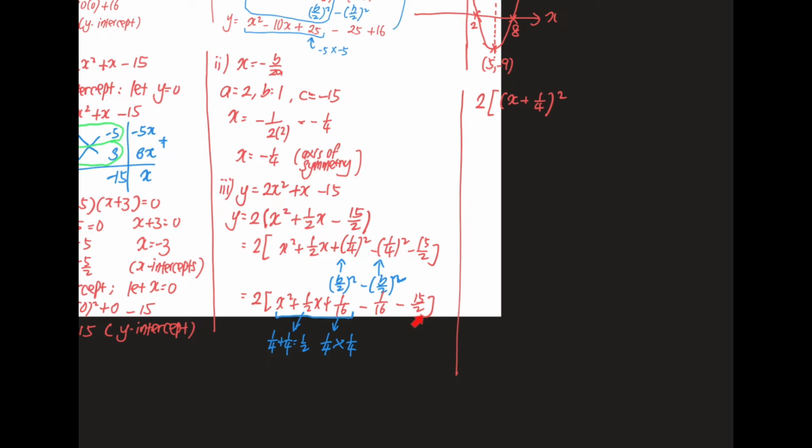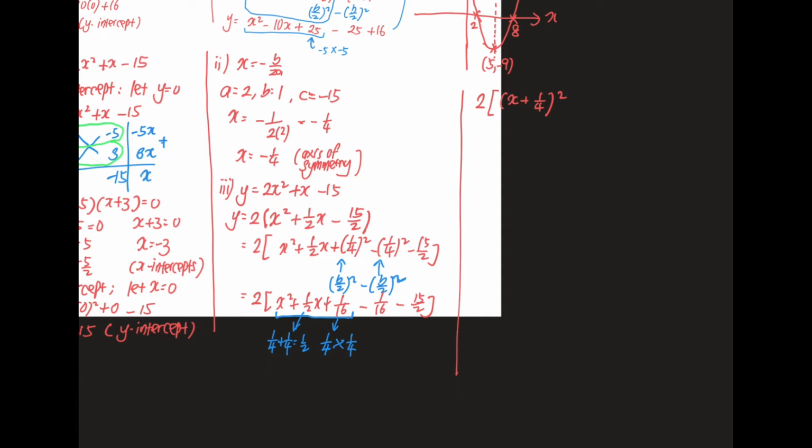For the last 2 terms, we can check with calculator: negative 1 over 16 minus 15 over 2.